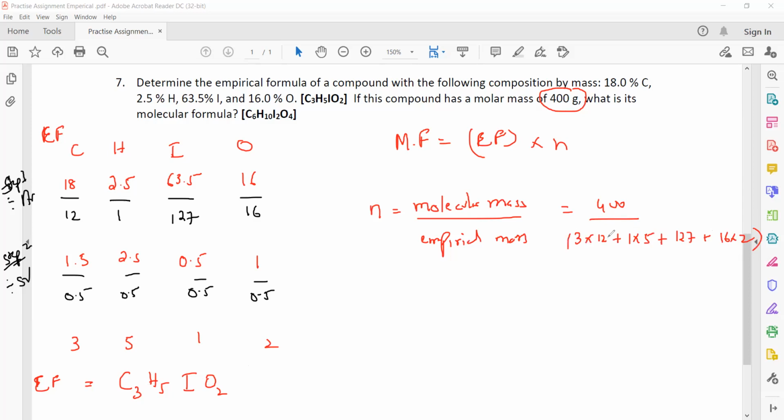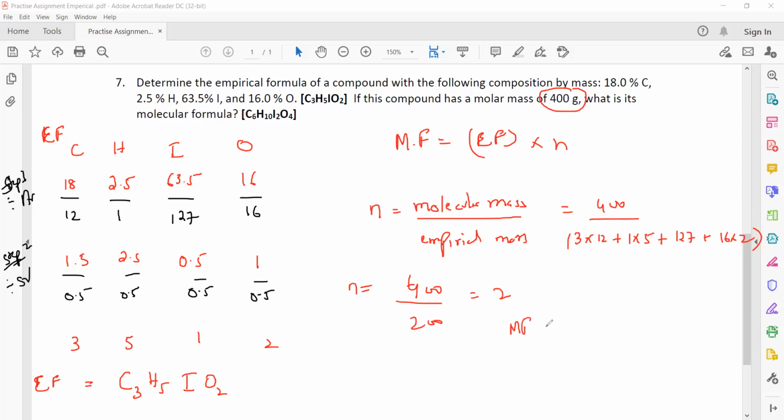So 3 multiplied by 12 is 36, 36 plus 5 is 41, 41 plus 127 is 168, and 168 plus 32 is 200. So the molecular mass is 400, the empirical mass is 200, so the value of N is 2.